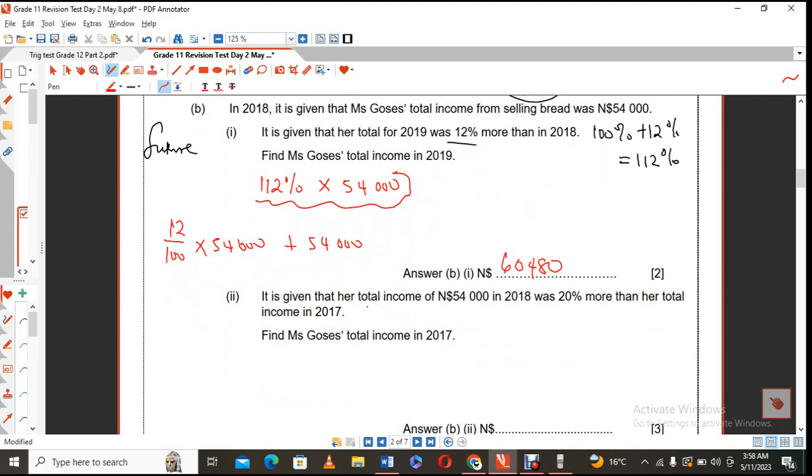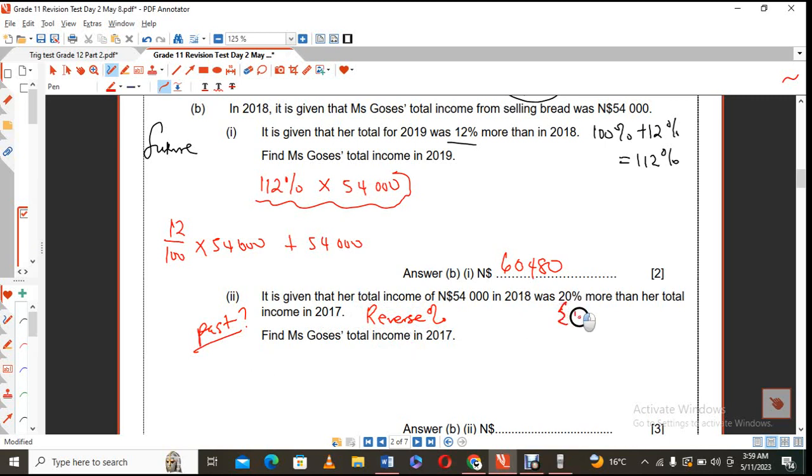It is given that her total income of 2018, that 54,000, was 20% more than her income in 2017. This is the past, which is now unknown. When we don't know the original amount, this has to do with reverse percentage. But what is it that we know?